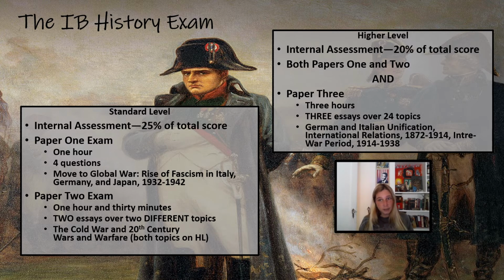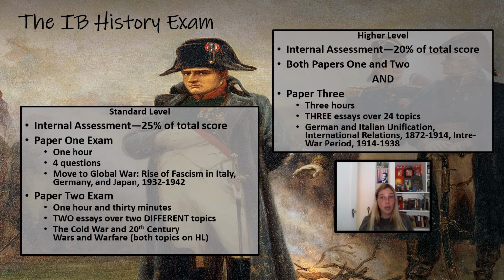The topics that I choose to teach are, and this is our first one, we'll actually start with the French Revolution and move into Napoleon because you can't really understand German and Italian unification without it. So we start the French Revolution in 1789, and then we go up to the Cold War. We do this your junior year, and this way we're covering topics, again, that might be asked on the paper 1 or paper 2 exam, and then we're going into more detail for your paper 3 exam.